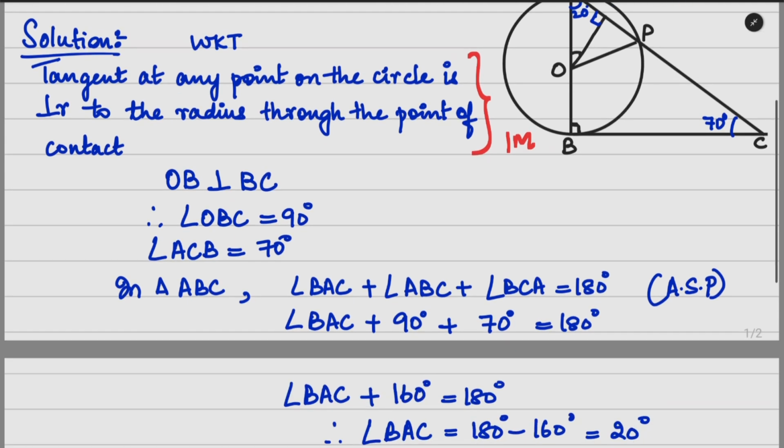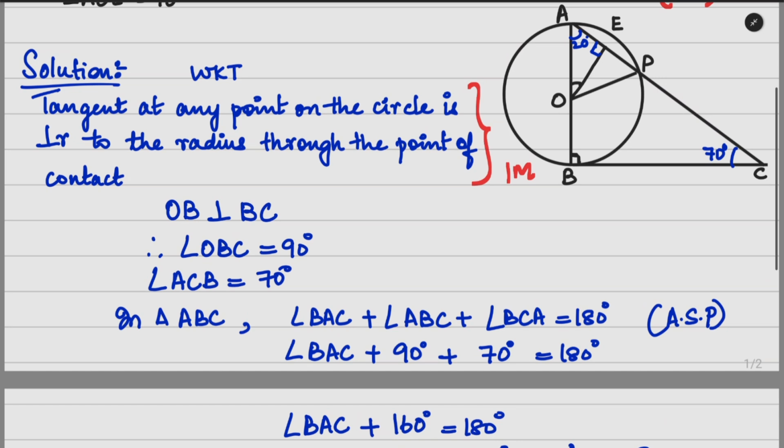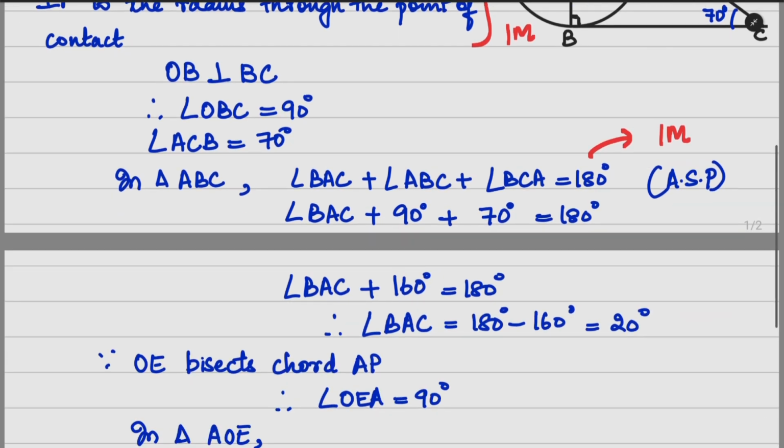After that, the next one comes when you identify OB is the radius, OB is perpendicular to BC, and then you take the triangle ABC, and this carries 1 mark. So with this you are finding out angle BAC. So correctly if you have identified BAC, this carries again 1 mark.